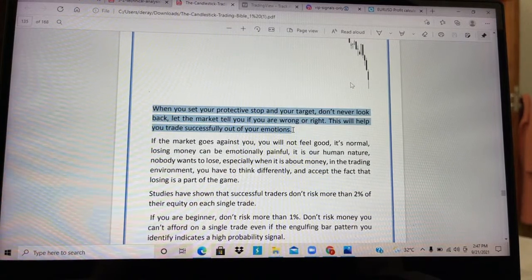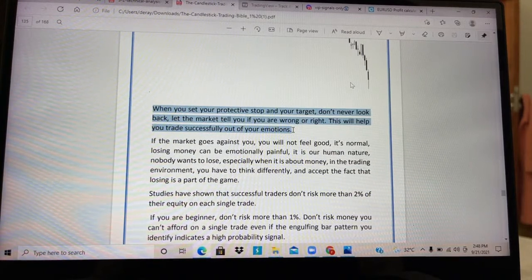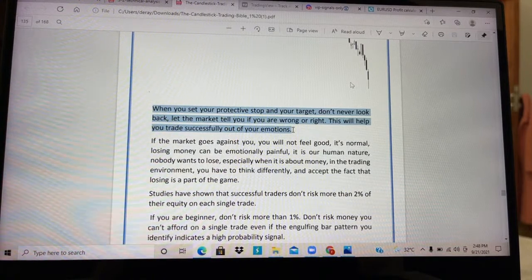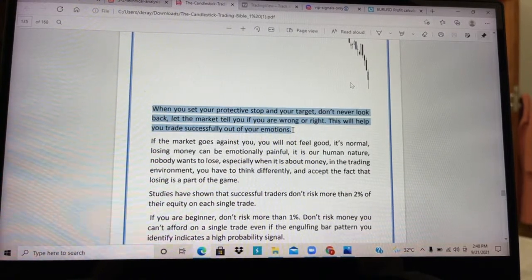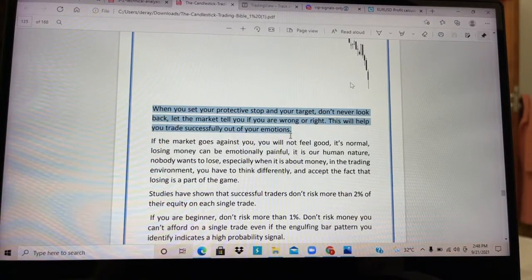But as you can clearly see, Mr. Jose, once you are taking enough trades and your rewards are greater, then those losses will not be losses anymore.